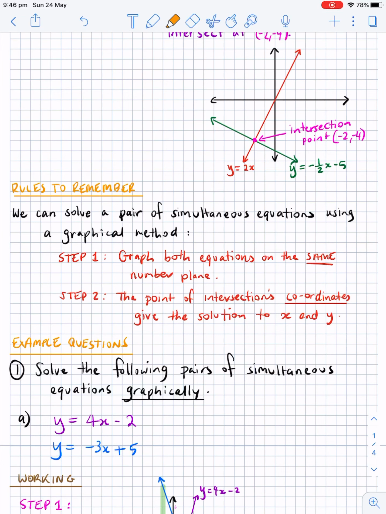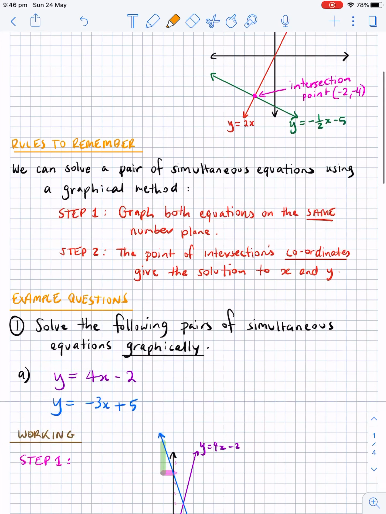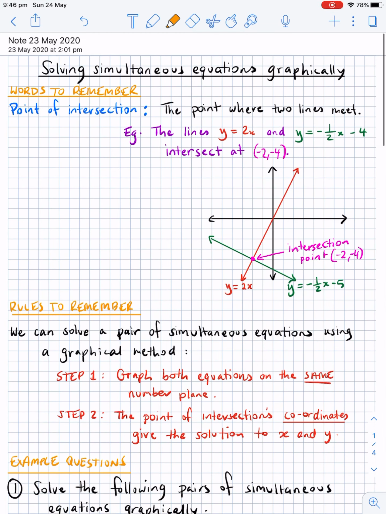In simultaneous equations, we always need to figure out what y equals and what x equals, and we can find that from the coordinates of the point of intersection. So for example, the solution to these two simultaneous equations would be x equals negative 2 and y equals negative 4, because x is always the first value, your x coordinate.